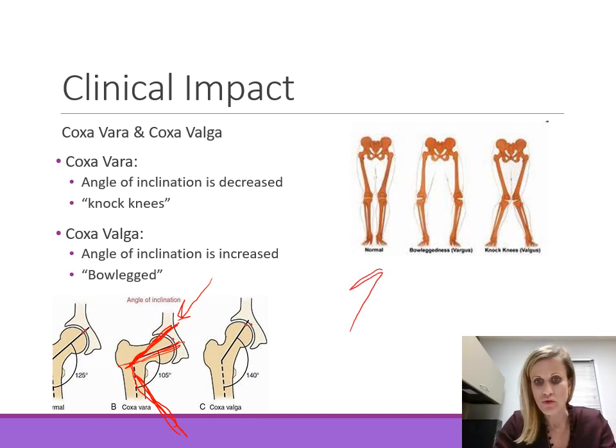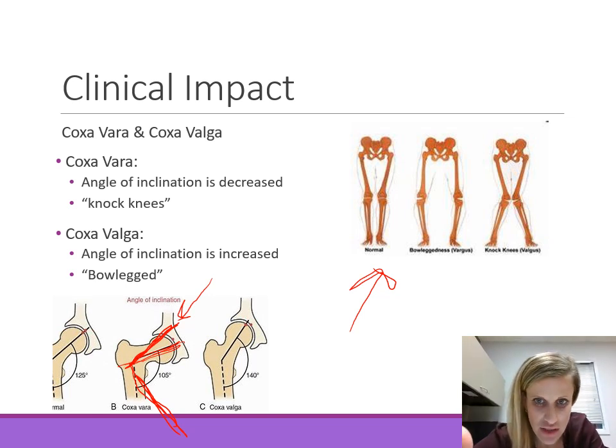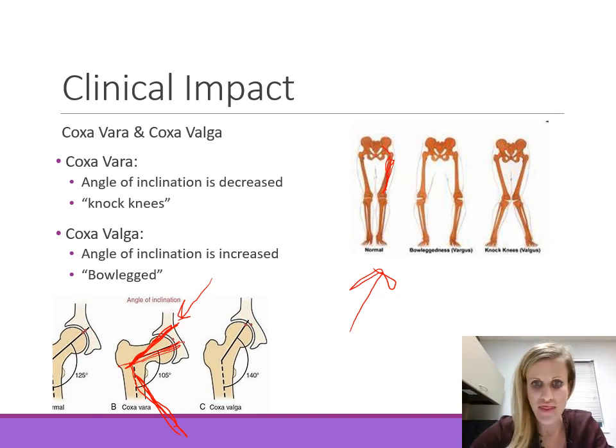So this is a normal stance. You can see the angle of inclination right here. And the femur does go in some as it heads toward the knee joint, and then the tibia and fibula straighten out more as they head down towards the ankle.